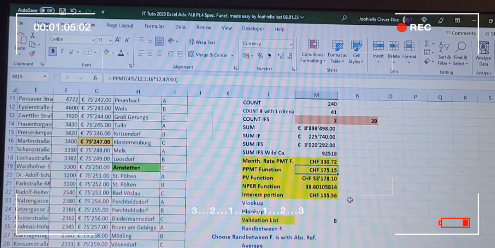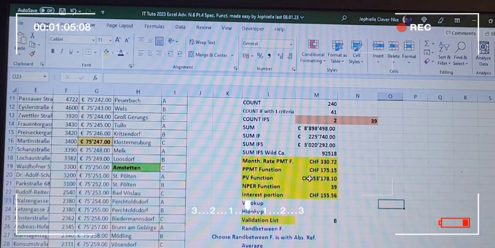The thing is that here I want to remove some decimals because now it's 39 payments, interest portion 155, payment 330, PPMT 175, and present value 53,000.